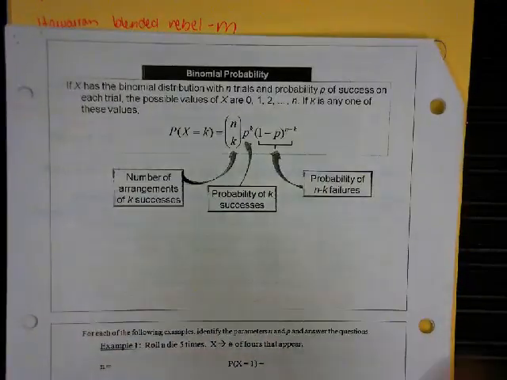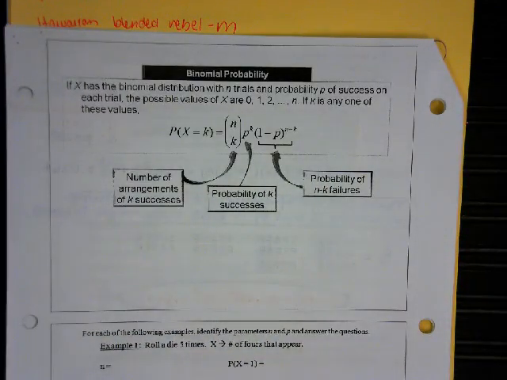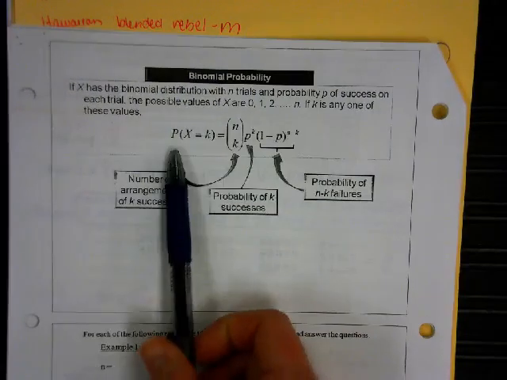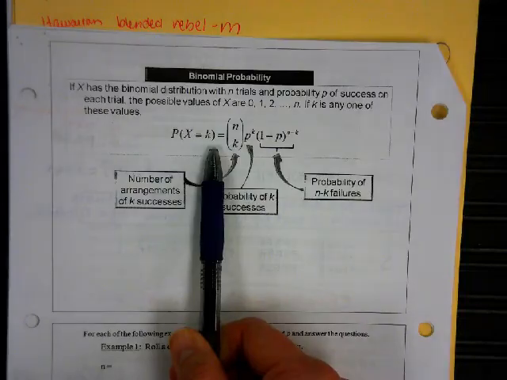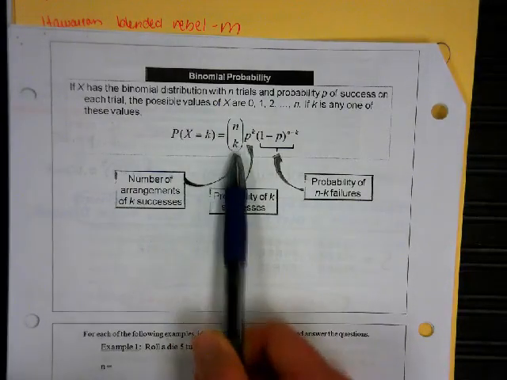Okay? So we found the probability that we had x equals 2 successes. I showed you on the calculator how to do the combinatorics. So 5 choose 2 successes. We did the probability of success, 0.25, raised to the number of successes, 2.